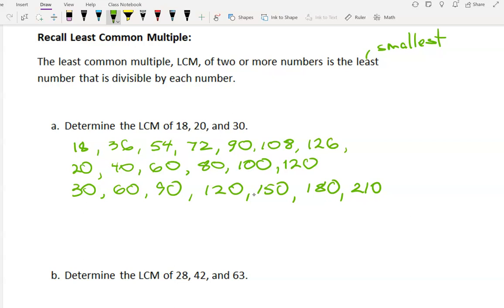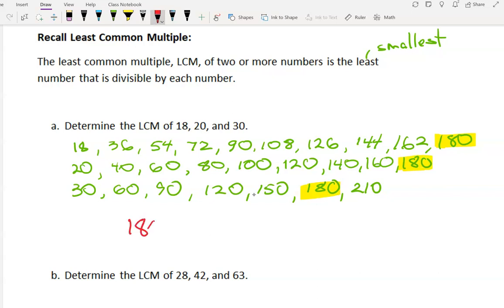Oh, that's not working. 180. That's going to work. I bet you that works for 20 as well. Yeah, it does. So now you can see what is the least common multiple. It's 180. 180 is the least common multiple for those three numbers.